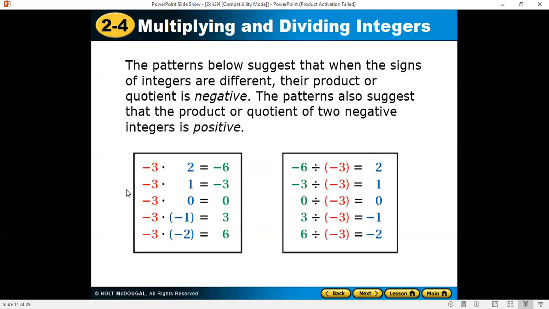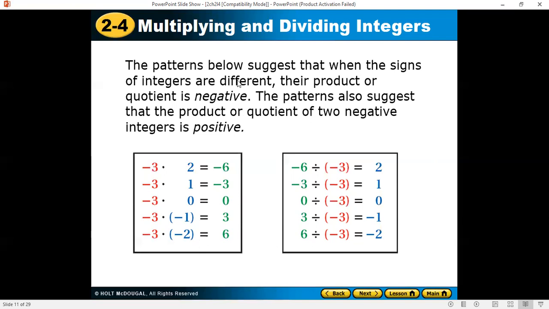For the next, negative 3 times 1 equals negative 3. If I divide negative 3 by negative 3, the answer will be how many? It will equal 1. 0 divided by negative 3 will equal 0. 3 divided by negative 3, the answer will equal negative 1. 6 divided by negative 3 will equal negative 2.